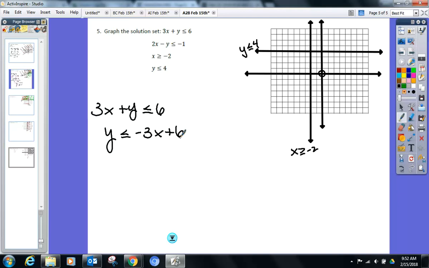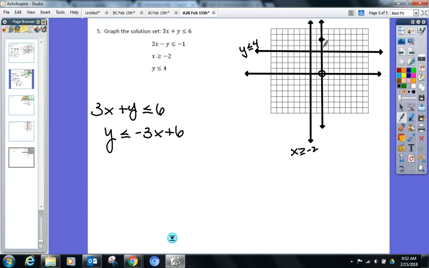What's the y-intercept? 1, 2, 3, 4, 5, 6. All our slopes have been positive so far today. How does this change things from where I go now if it's a negative 3? I could go one of two ways. I could go down 3, ready?